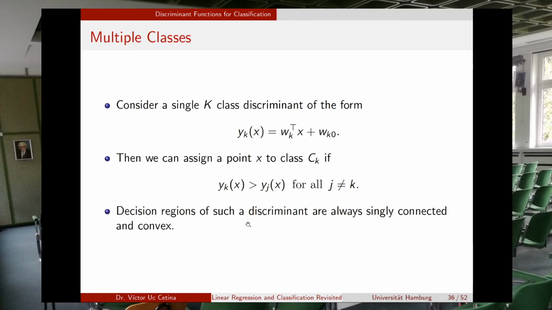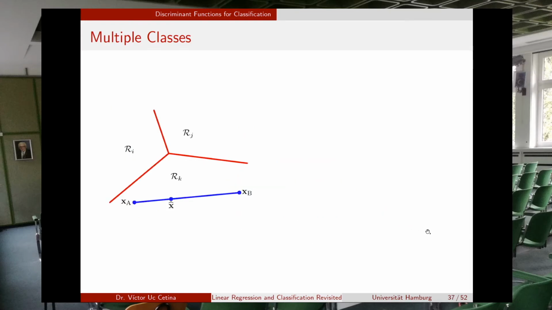Decision regions of such discriminant approach are always singly connected and convex. I'm going to explain what this is in the next slide. So these are the regions created by that kind of discriminant classifiers. All the regions are singly connected and they are convex.